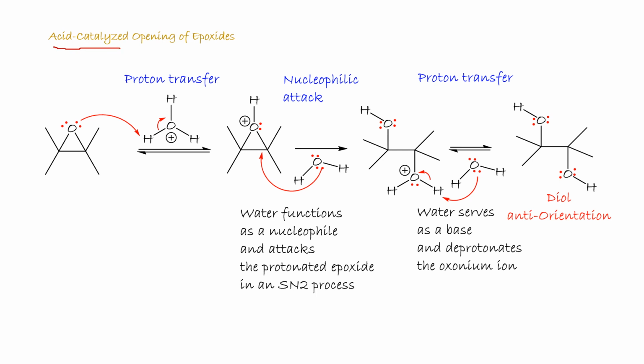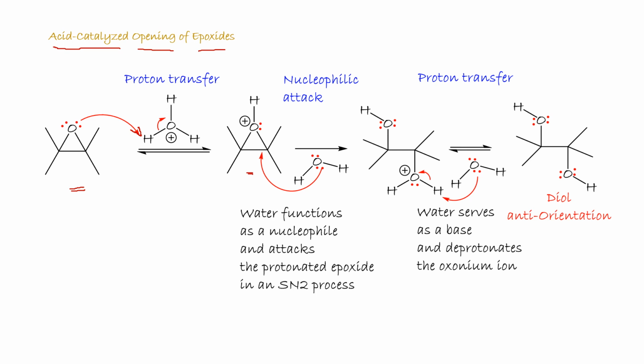Acid-catalyzed opening of epoxide. Here is an epoxide treated with dilute acid, protonation, proton transfer. The lone pair of the oxirane will pick up hydrogen to form an oxonium ion.